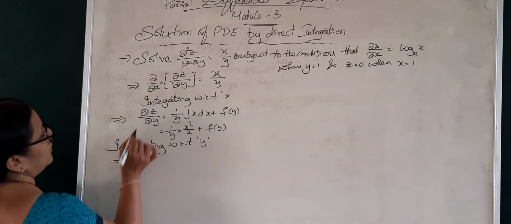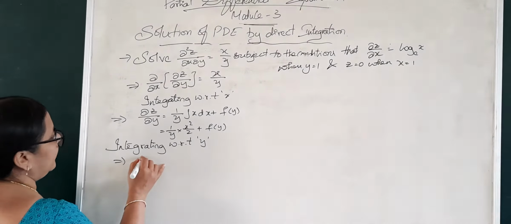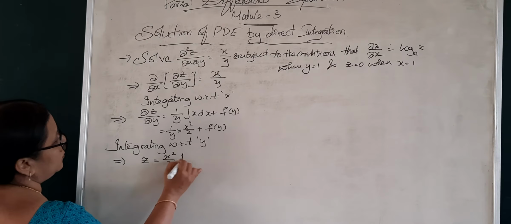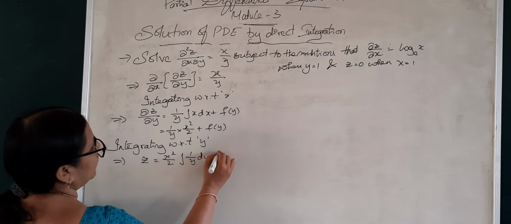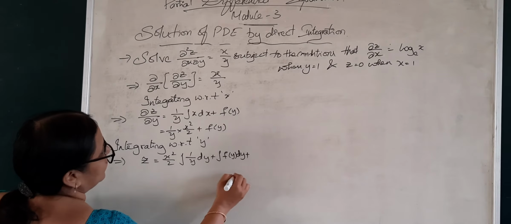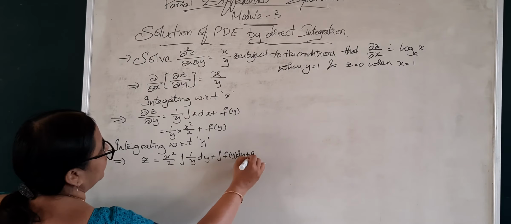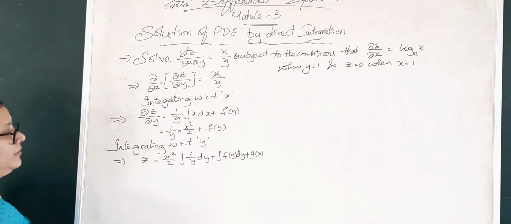So dou by dou y gets cut because of integral dy. What will be remaining here? The variable z is equal to, with respect to y, treating x as constant, so x square by 2 integral 1 by y dy plus, this is a function of y, therefore integral f of y dy plus, we have to assume the constant of integration but in terms of the second variable here, which is x. Therefore g of x. Okay, this is the solution.